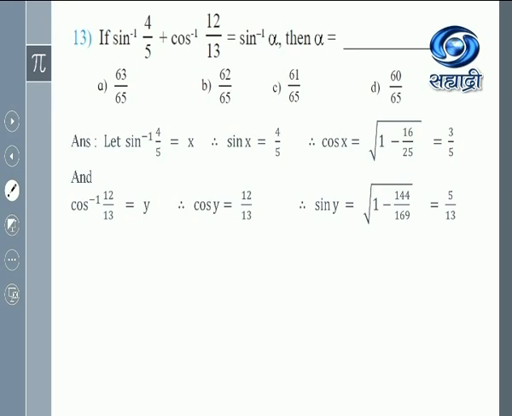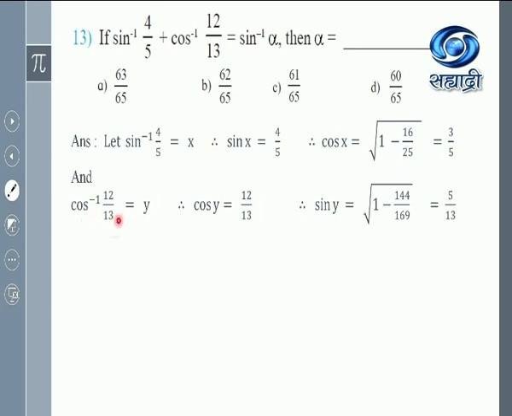So here you may jump over the step while trying the sum and find the correct answer. Cos x is equal to root of 1 minus sine square x, and we put the value of sine x is 4 by 5, sine square x is 16 by 25, and this is 25 minus 16 upon 25, which is 9 by 25 under root, giving you 3 by 5.